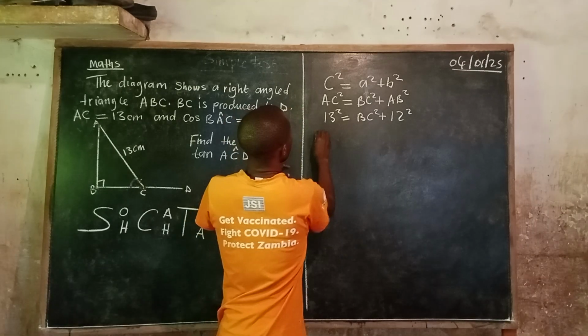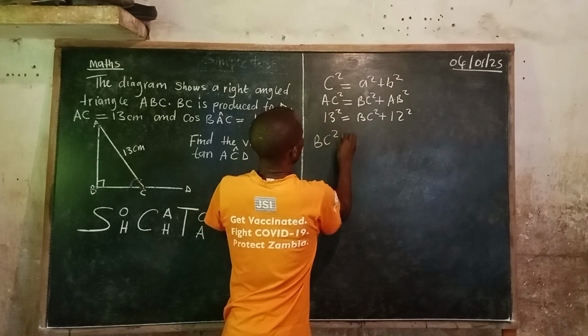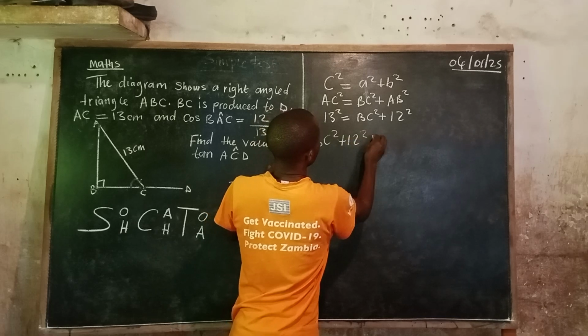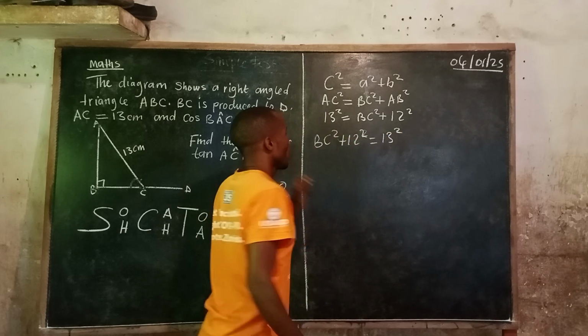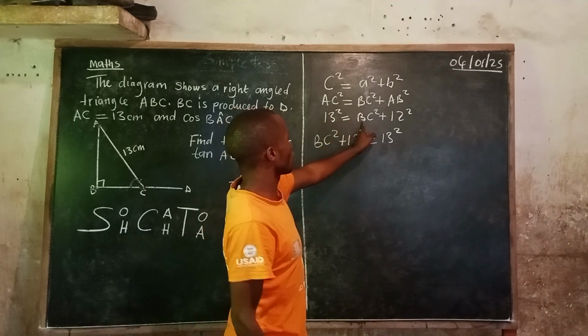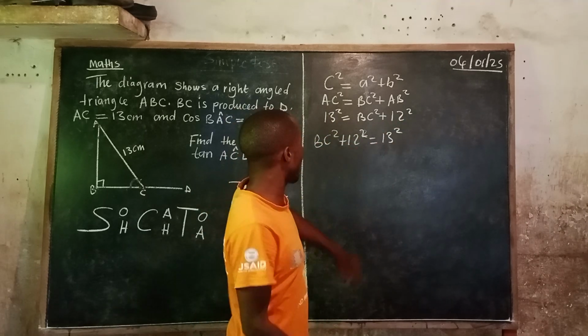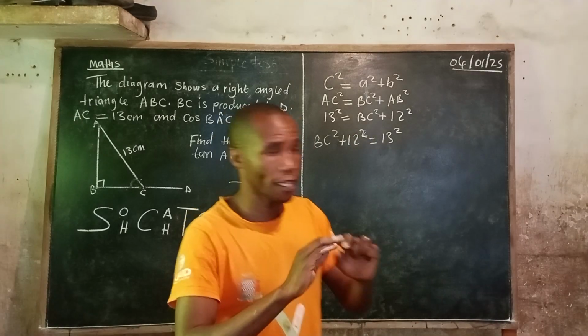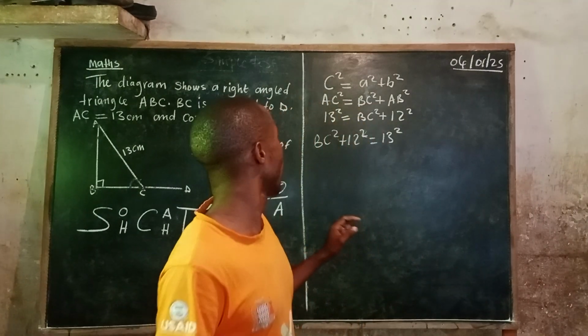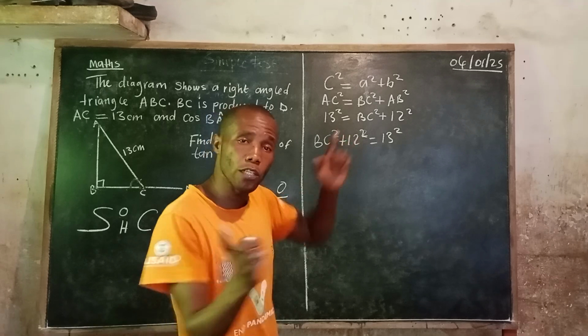We are going to say BC squared plus 12 squared is equals to 13 squared. Remember, 13 squared is equals to BC squared plus 12 squared is the same as BC squared plus 12 squared is equals to 13 squared. There's nothing different there. They are just one and the same. We have just swapped them.